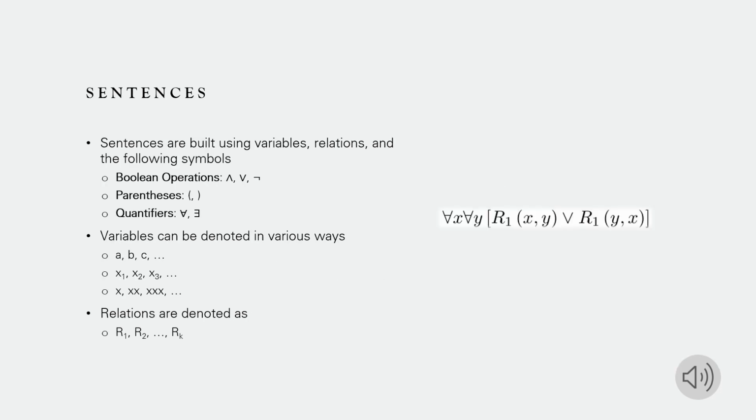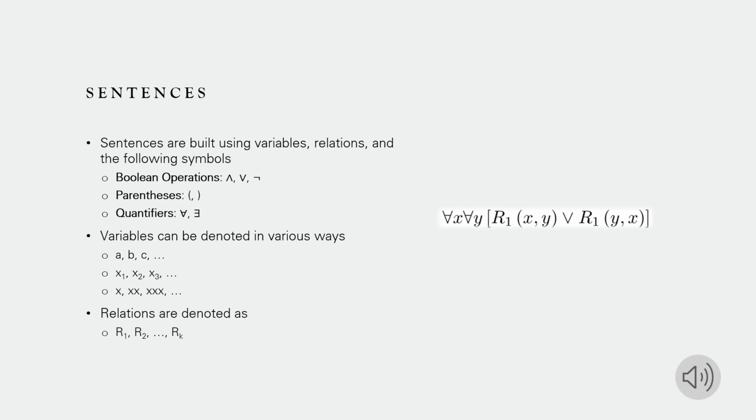We also need to have knowledge of how sentences work in order to understand decidability and logical theories. Sentences are built using variables, relations, and symbols. There are three different symbols: Boolean operations, parentheses, and quantifiers. Variables can be denoted in many ways.